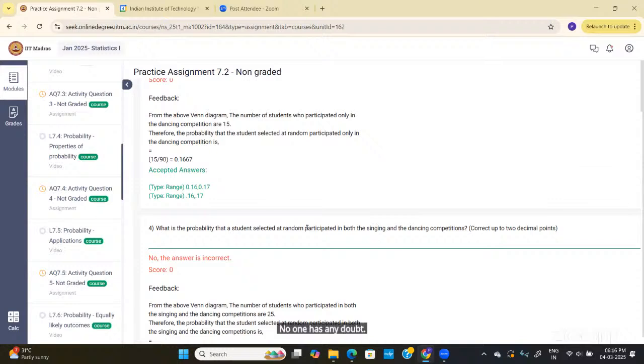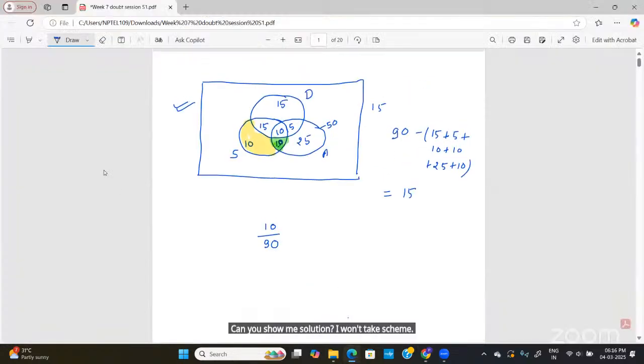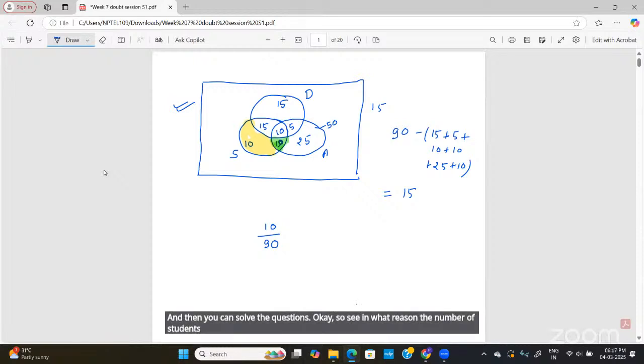Ma'am, can you show me the solution? So you just have to draw this Venn diagram carefully first, and then you can solve the questions, according to the information given in the question.